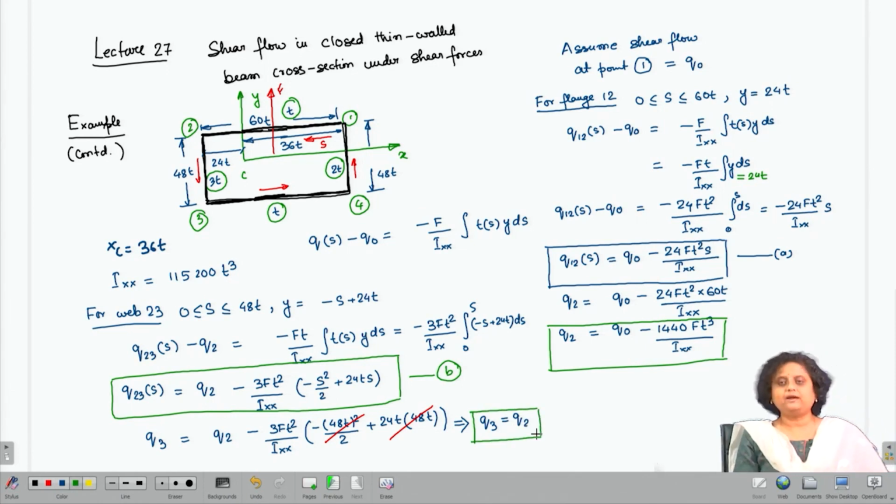So, Q3 is therefore going to be Q2, which is also physically acceptable because we see that the cross section is symmetric about x axis, and because of the symmetry Q2 has to be equal to Q3 due to symmetry.